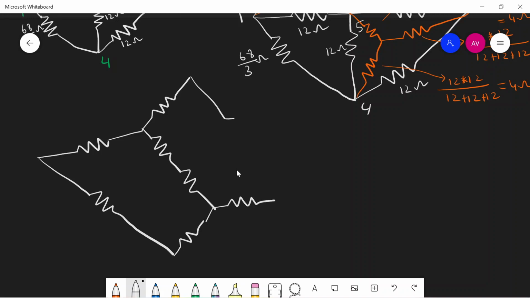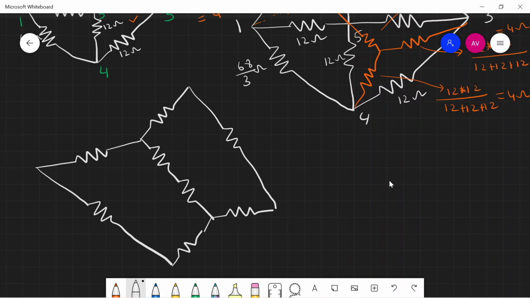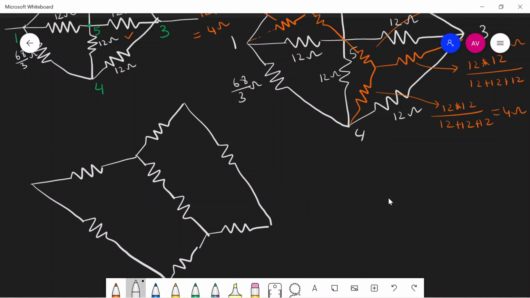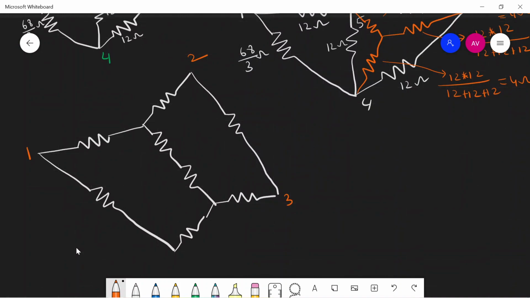Okay, now let us write the values here. Just take the help of the previous figure. This is node 1, this is node 2, this is node 3, and the bottom one is node 4. Okay.